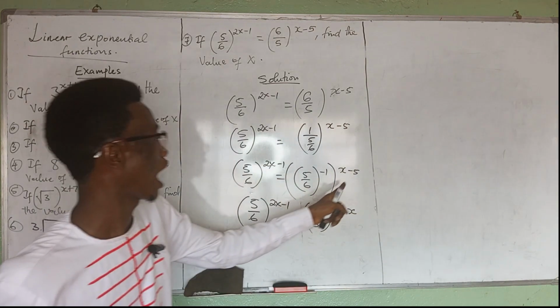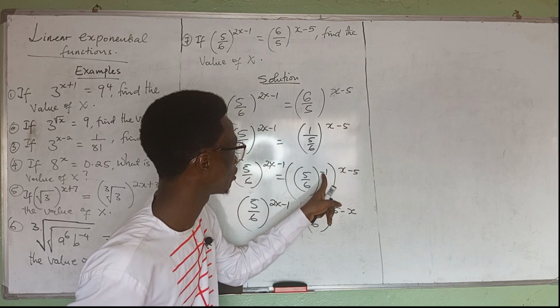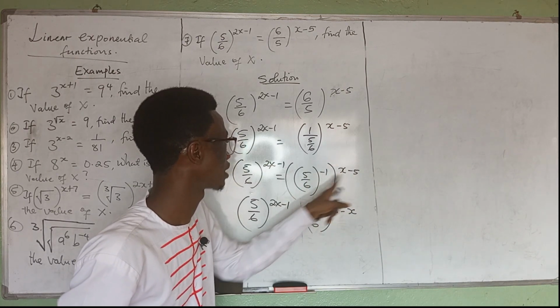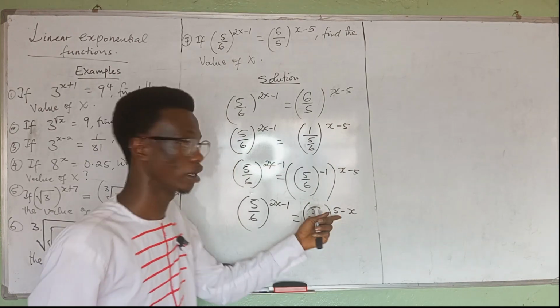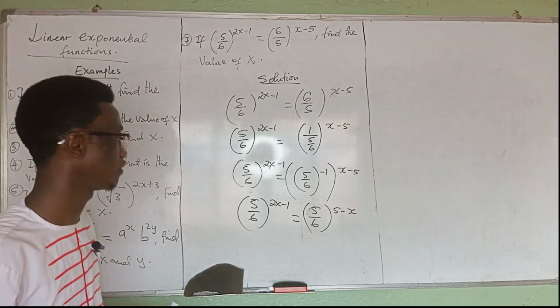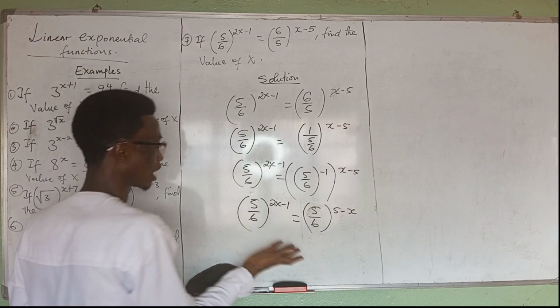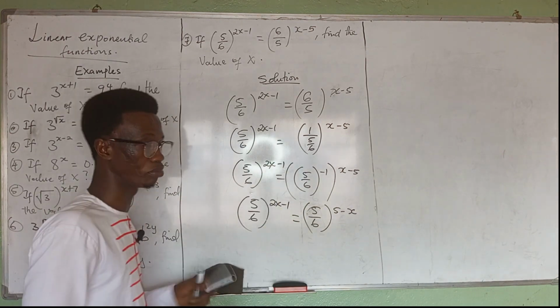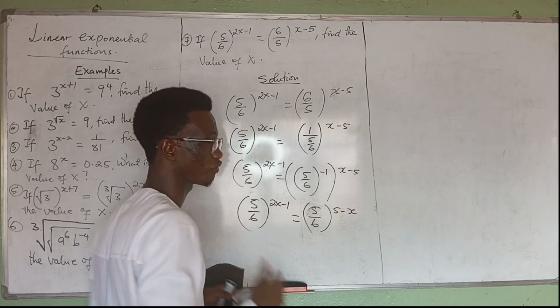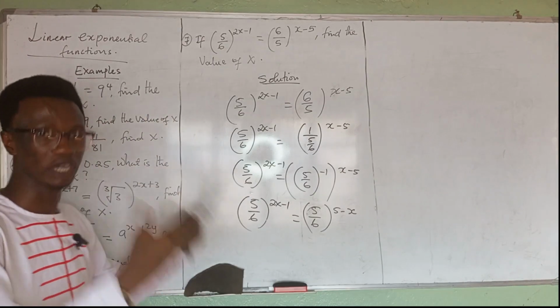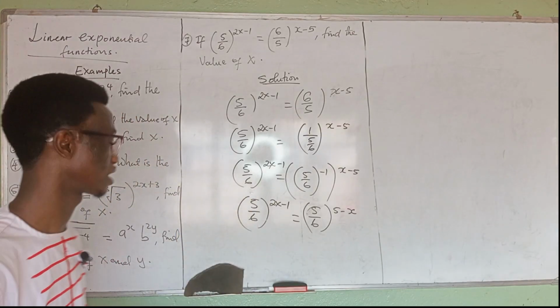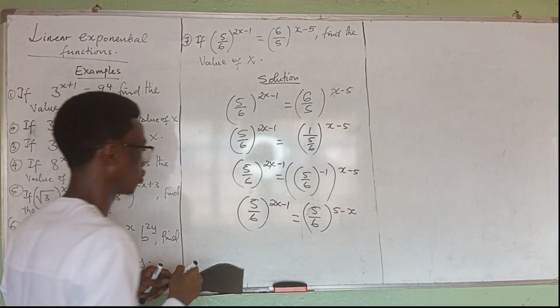What I have done is multiply minus 1 times x, which becomes minus x, and minus times minus becomes plus, so 1 times 5 becomes 5. Now you can see that this and this serve as the bases. For exponentials, we always try to see that the bases are the same on both left and right-hand sides. Once we have that, we cancel them.